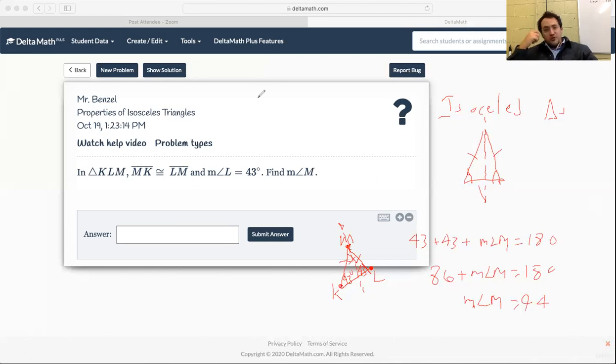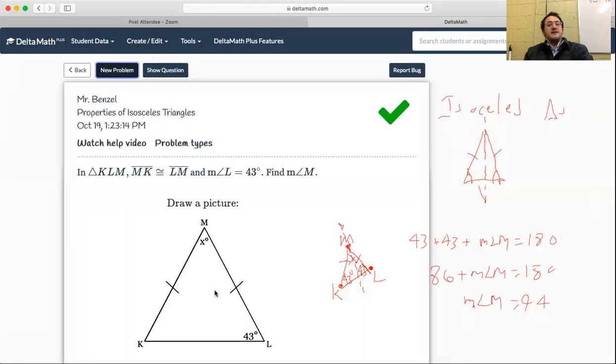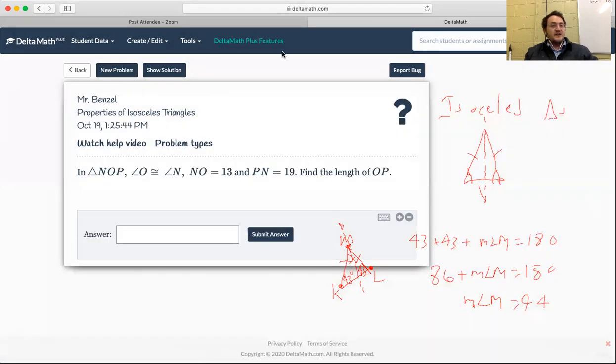So I have the two 43-degree angles plus the measure of angle M, which is 94. And we're good. You can also see that they drew a picture as well. We'll do one more question before we get going.